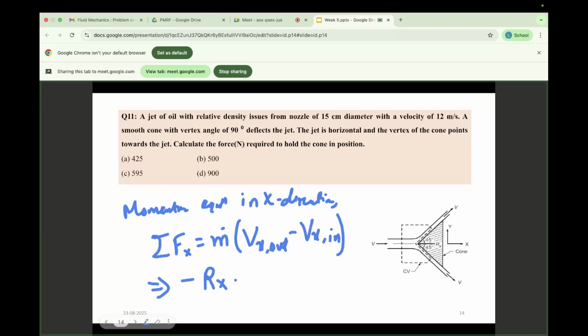The mass flow rate I know. What mass flow rate have I got? 169.56 into the outlet velocity.